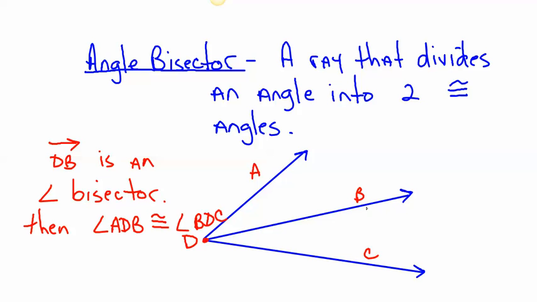If DB splits the big one in half, then that little one is equal to that little one.